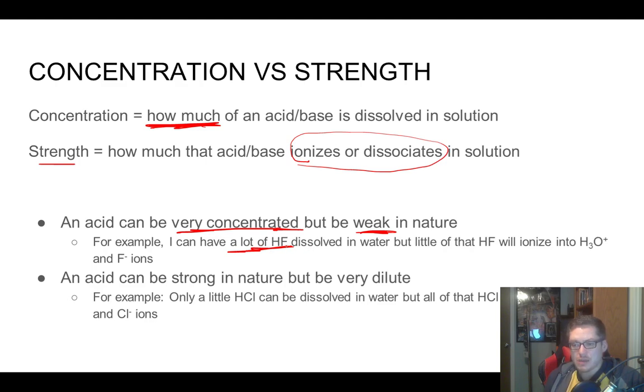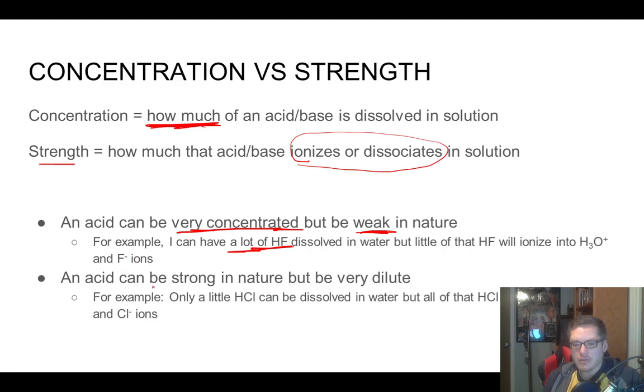But HF is a weak acid because it only partially dissociates. So this specific solution of hydrofluoric acid would be very concentrated but weak.